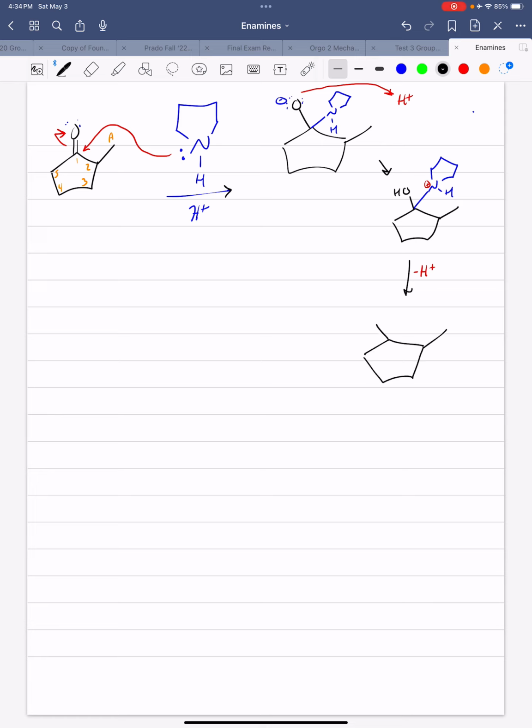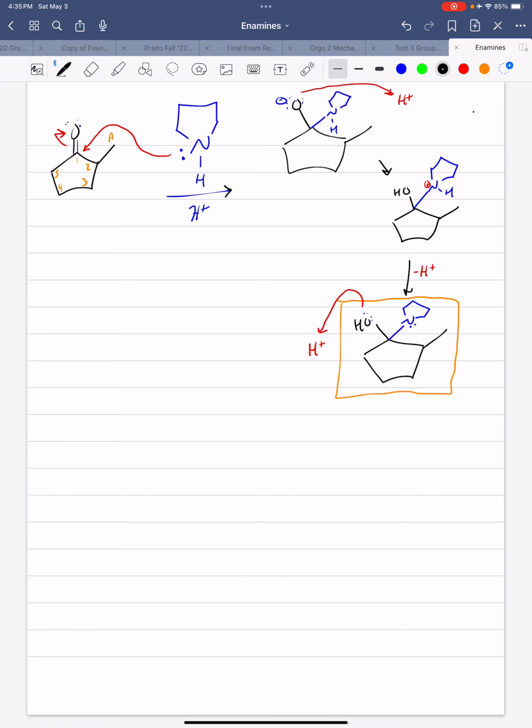You've got your alcohol here, and then you have your NR2 group here, like that. I like to go ahead and box it in and let me know I'm halfway done. Then OH makes a bad leaving group, so we turn it into a good one by protonating it, making it water. So that's what's going to happen next.